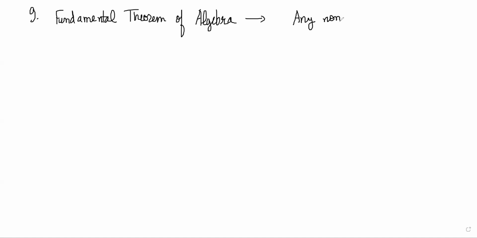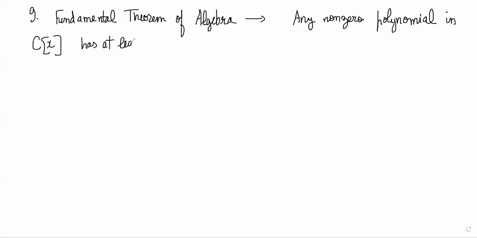The next idea is basically the fundamental theorem of algebra, which was stated by Gauss. And this theorem says that any non-zero polynomial in C of x, with complex coefficients, has at least one complex root.